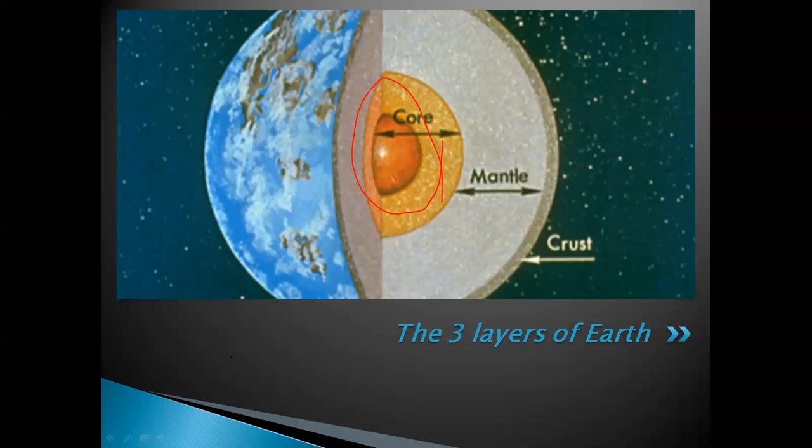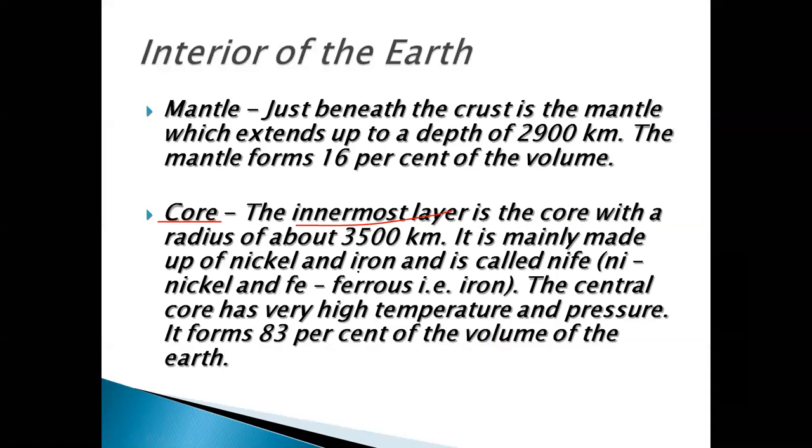The minerals present in that are nickel and ferrous. Ferrous's normal name is iron. See, nickel and iron. Now you'll say this is Fe. Fe is the scientific term for iron.